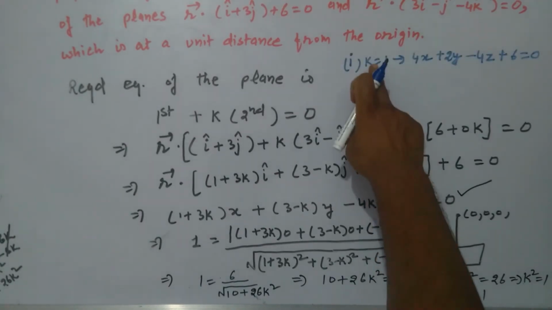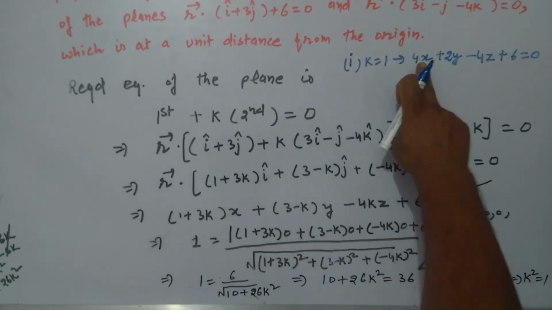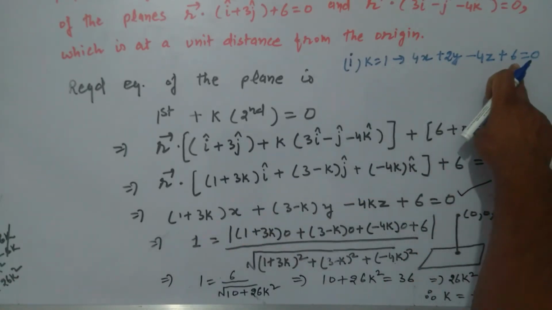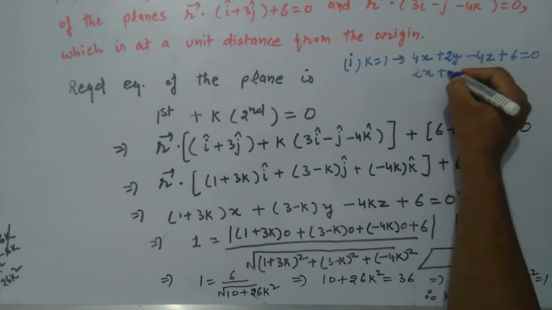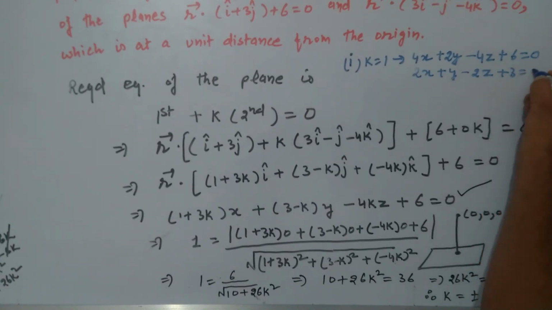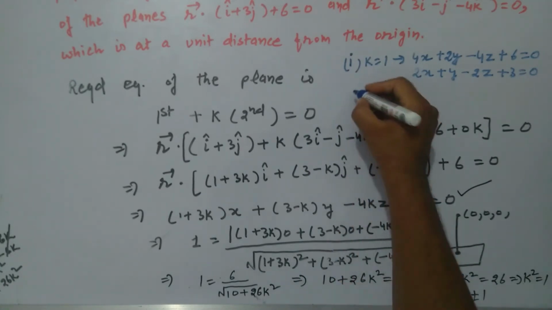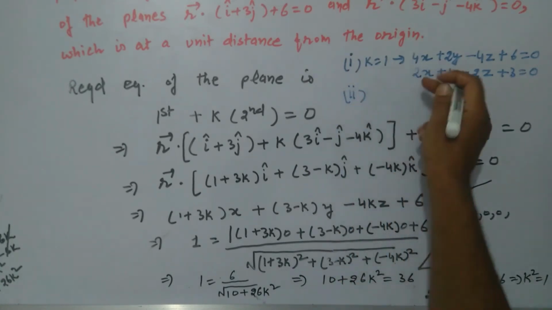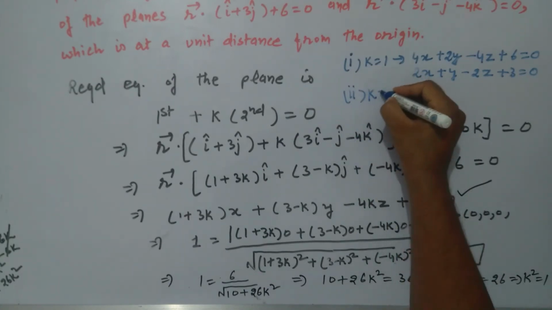First time put k is equal to 1, then we have the equation 4x plus 2y minus 4z plus 6 equal to 0, or we can say 2x plus y minus 2z plus 3 is equal to 0. Second time we can take k is equal to minus 1. Even then taking minus 1 common, then let us see what happens.